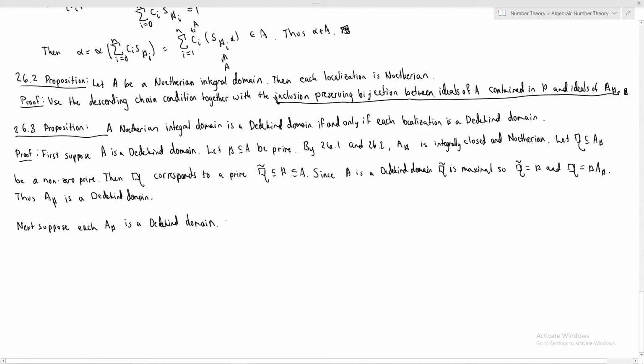By hypothesis, A is Noetherian, so that condition we don't have to worry about. And by 26.1, each localization is integrally closed, so we know that A is necessarily integrally closed as well.